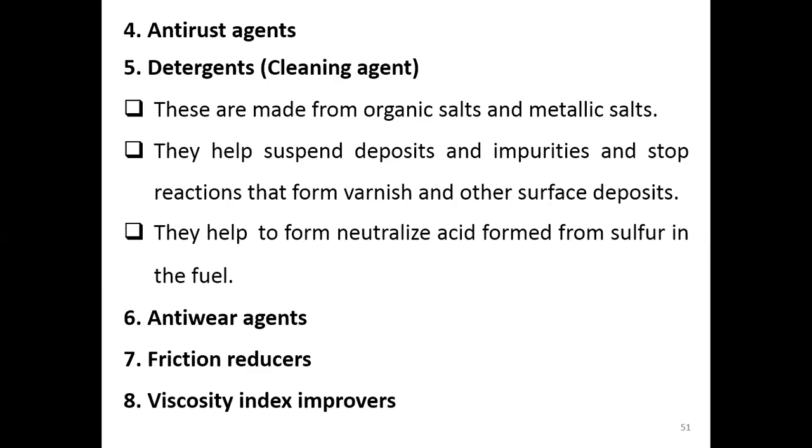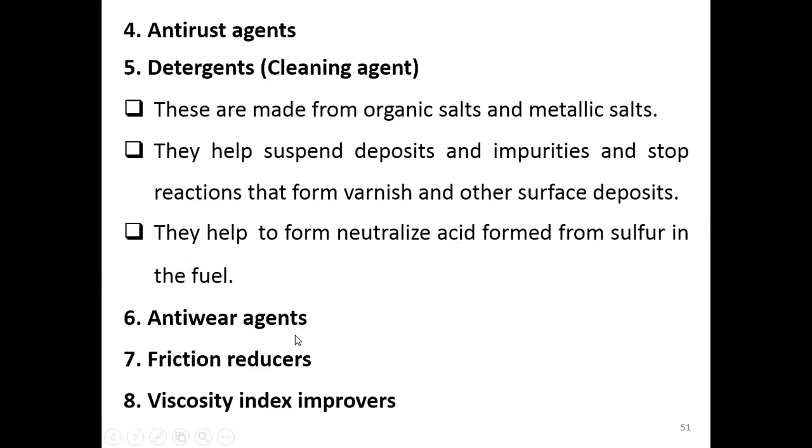So overall, it helps eliminate the deposits and impurities that might collect on the engine component surface. Apart from this, it also helps to form neutralized acids from the sulfur in the fuels. If our engine has sulfur, it may react with oxygen to become sulfuric acid. So we have to add this detergent to neutralize this acid from the sulfur.